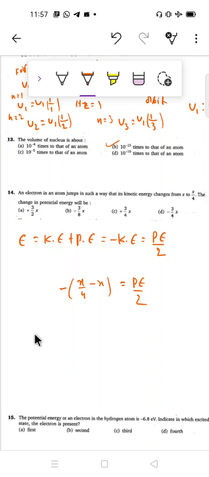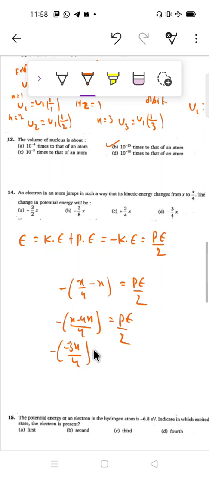On this you can do the calculation: x minus 4x by 4 is equal to PE by 2, so minus 3x by 4 equals PE by 2.